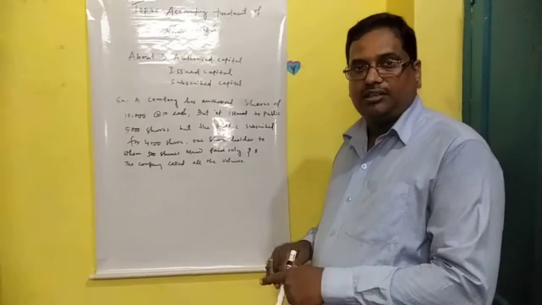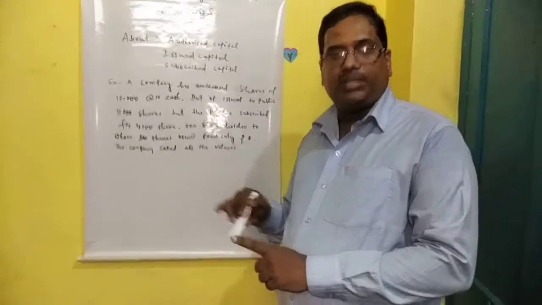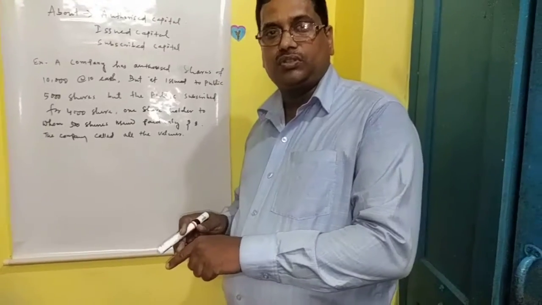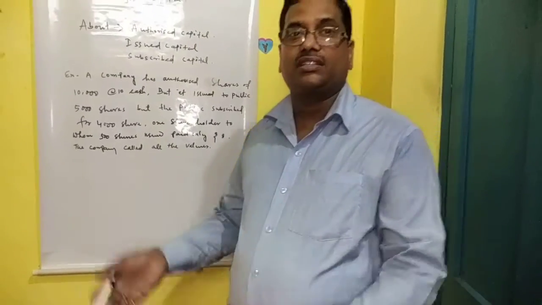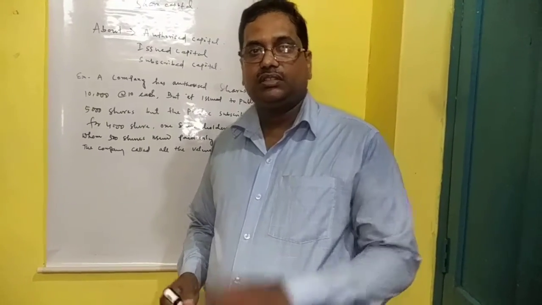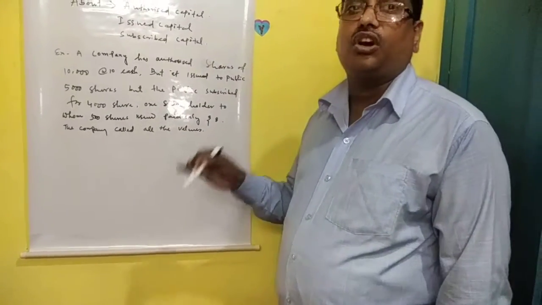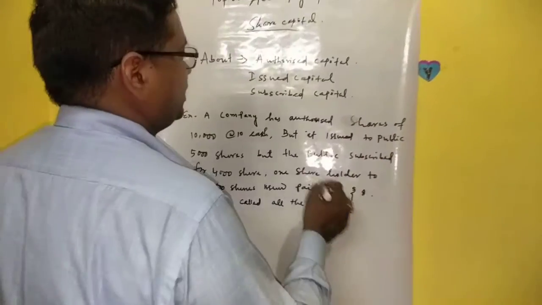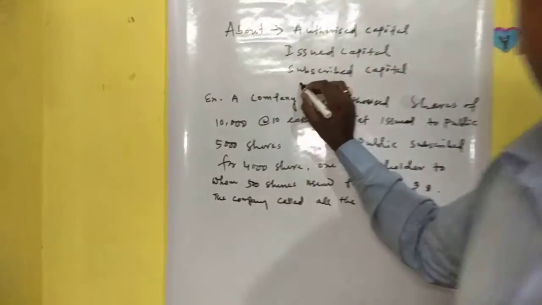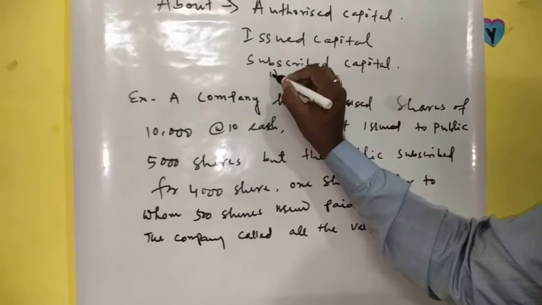But when either the company did not call the full amount or the shareholders did not pay the full amount, that is called subscribed but not fully paid up. So here the subscribed capital will be divided into two parts.